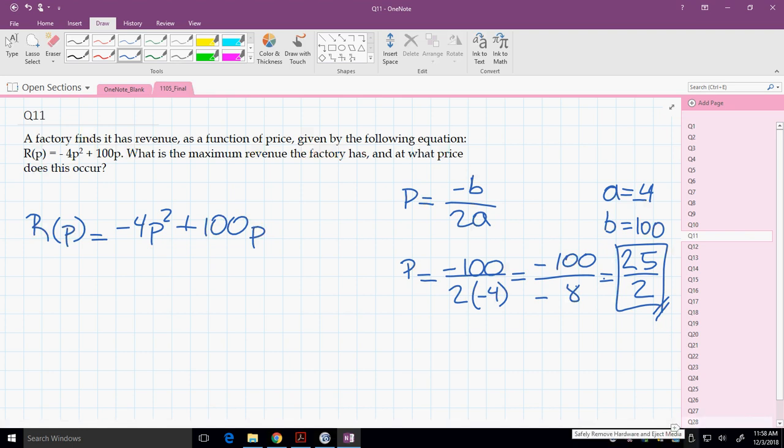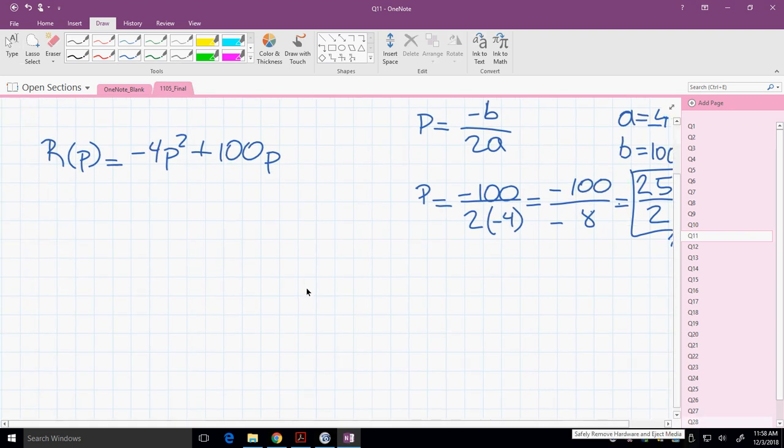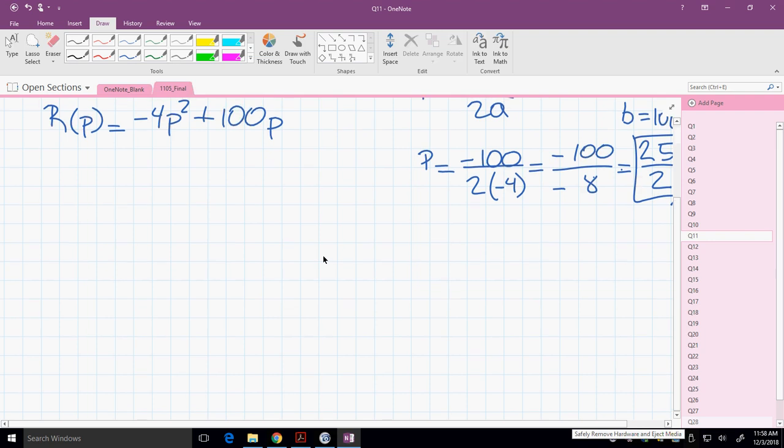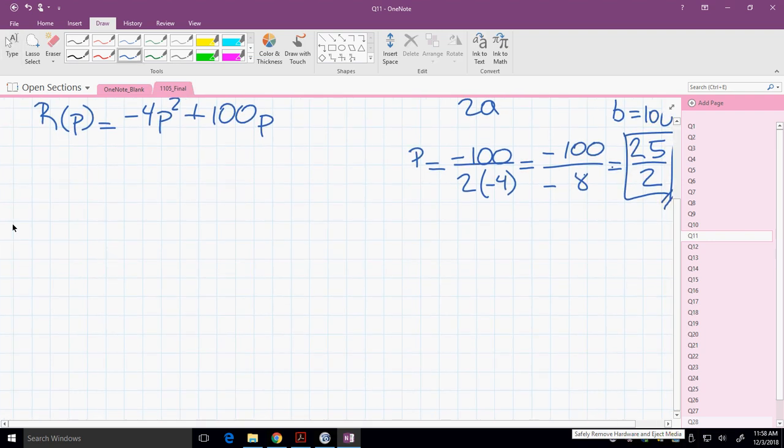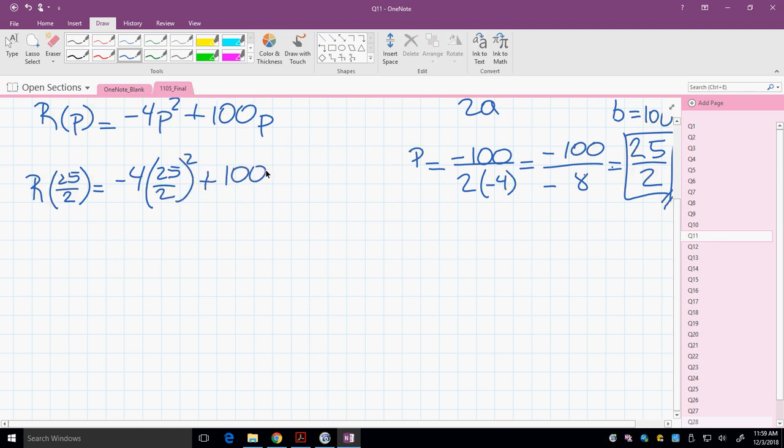Now we're going to substitute that in our revenue equation to find the maximum revenue. So if I have R of 25 over 2, it's negative 4 times 25 over 2 raised to the second power, plus 100 times 25 over 2, and all that can be put in the calculator.